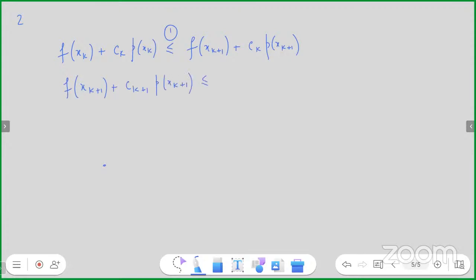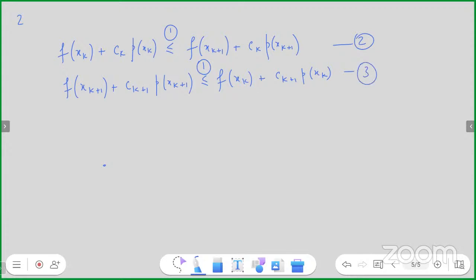And now this should be less than or equal to what? x k plus 1 is a minimizer when I plug in c k plus 1, so this should be less than or equal to any other value, including f of x k plus c k plus 1 p of x k, again using 1.